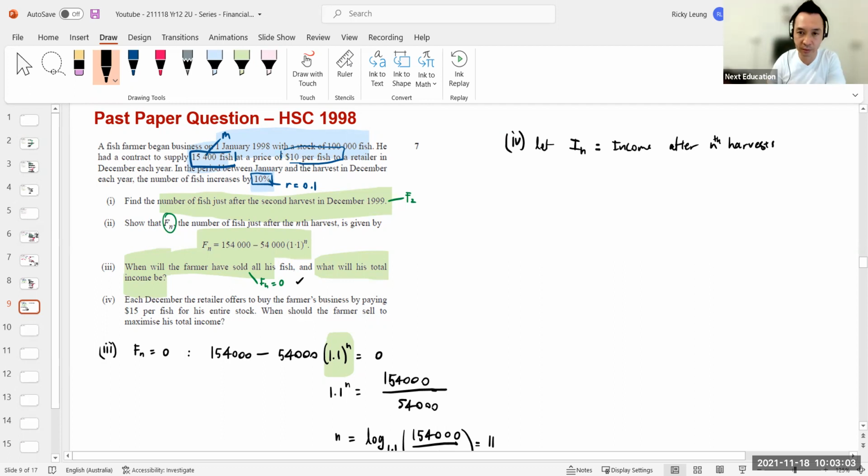So I know at any point in time there's two elements. There's how much has he made? Remember, if n years have passed, each year he makes that much times $10, times n. That's how much he's made up until now, up until the nth year.